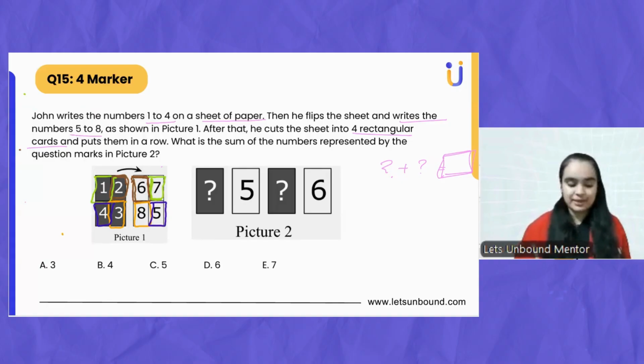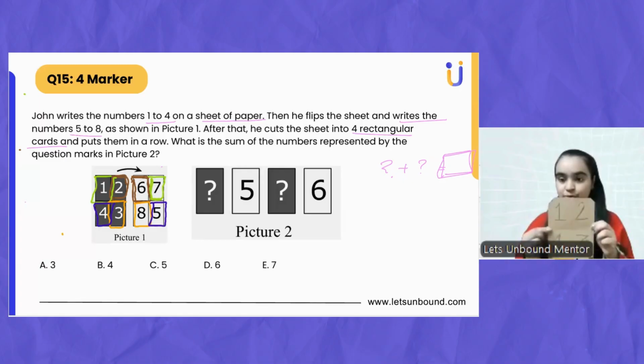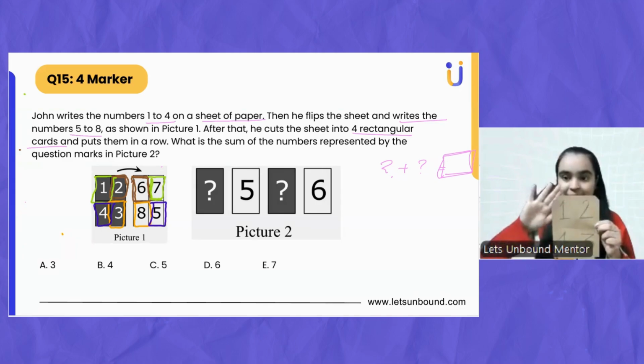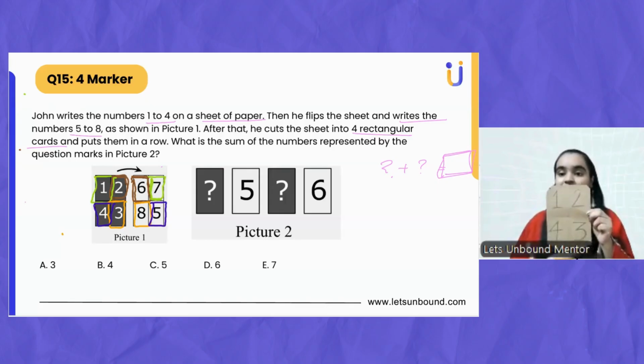To make you understand better, I have the same sheet of paper over here. You can see 1, 2, 3, 4 written the same way it shows in the first picture. Okay, and I have made some patterns. I've made this cloud pattern over here and this zigzag pattern over here to indicate the locations of these numbers.